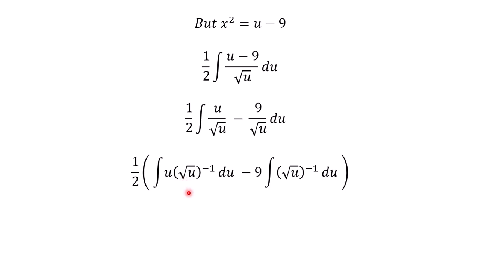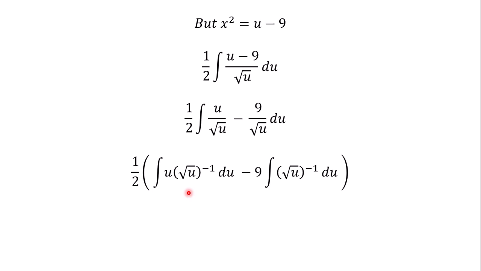The negative index law states that when you have a fraction like 1 over a and you want to write it in the form of a power, it is going to be a raised to the power minus 1.